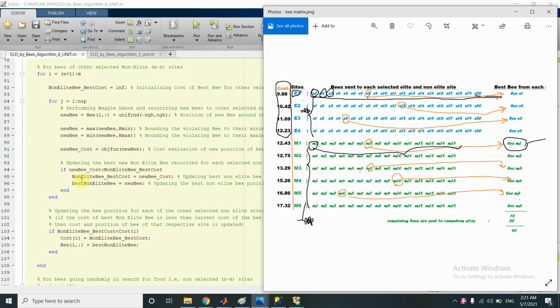Then this non-elite B best cost, after continuously updating through the iterations of this for loop, will contain the cost value of M7B, and this variable best non-elite B will contain the position of this M7B.